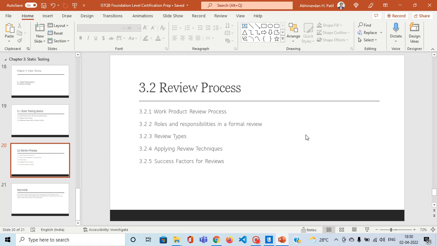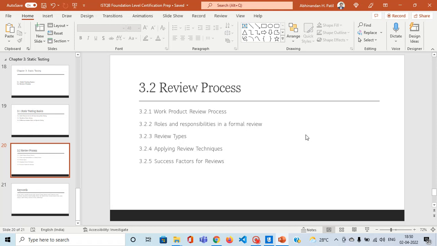So if any defect is found, instead of circumventing it and saying no, no, it's not a defect, defects found should be acknowledged and appreciated. This is mostly from the author side. The author should acknowledge and appreciate it, and the meeting should be well managed.